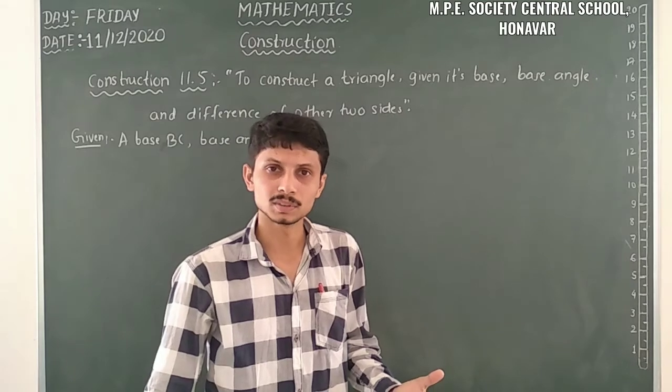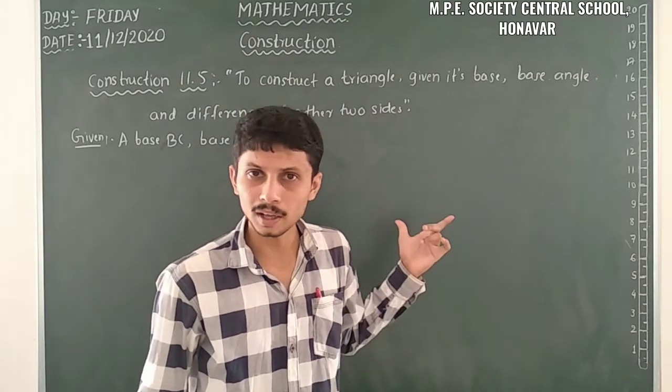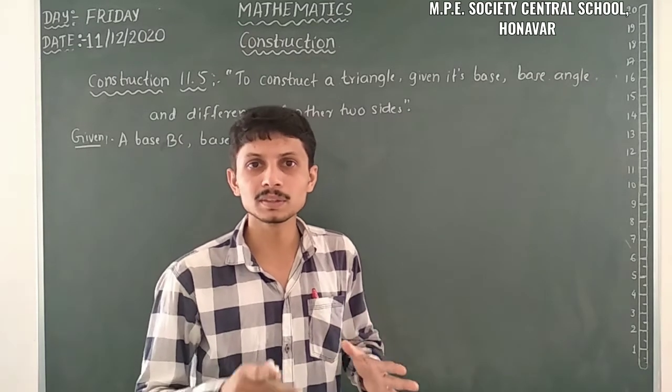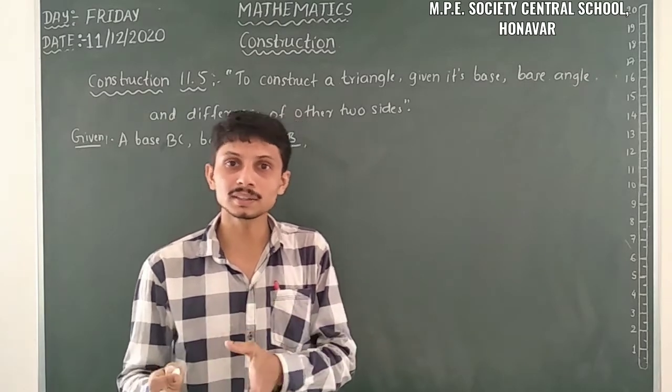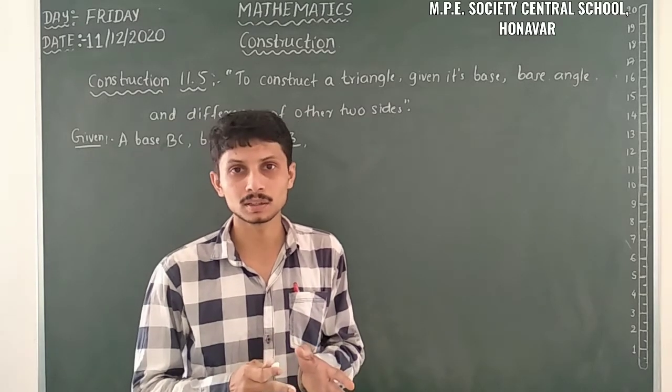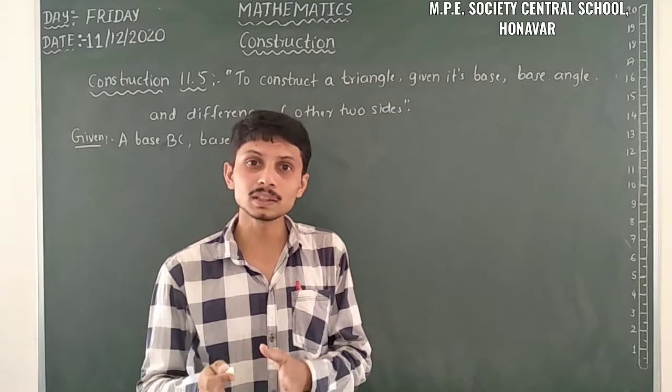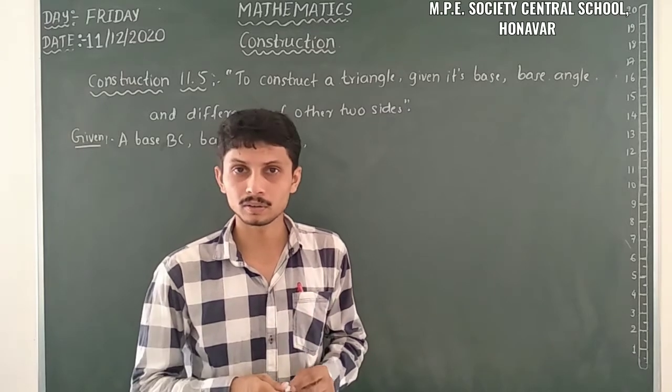Apart from BC, whose value we have, the other two sides are AB and AC. The difference between the other two sides means which one we have to take, AB minus AC or AC minus AB?